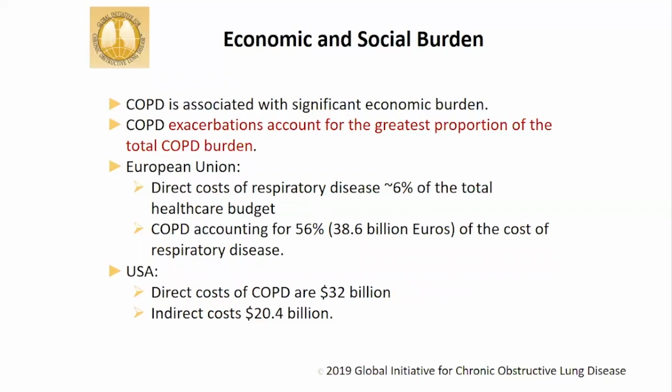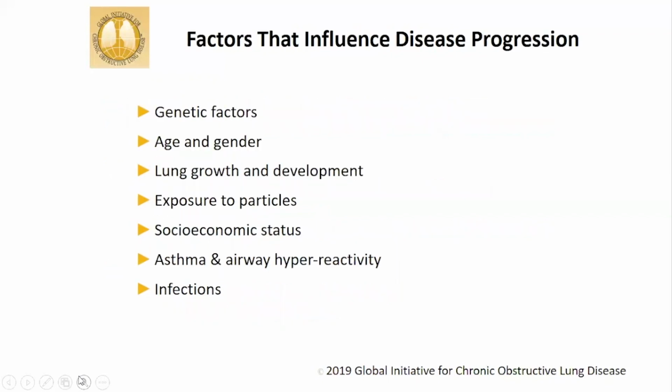So you can see here from the data from the European Union that they are spending around 38 billion euros for this disease, and in the US, it will be around 32 billion US dollars with indirect cost of around 20.4 billion. Now, I do not have the numbers in the Philippines, but from the cost of treatment that we see in our patients, the cost for treatment, especially for those with recurrent exacerbation, can be staggering. So these are the factors that can influence the progression of the disease.